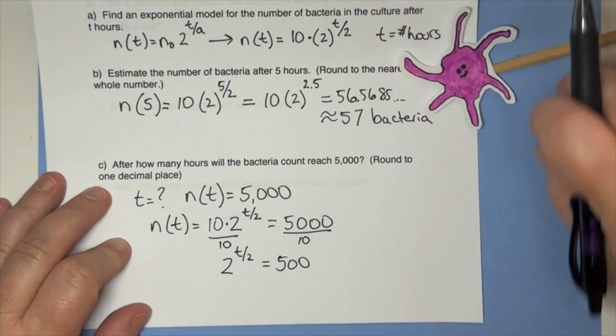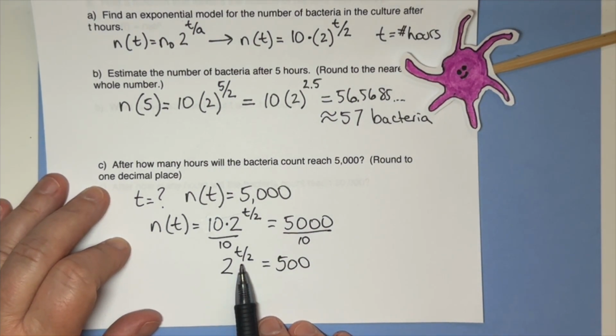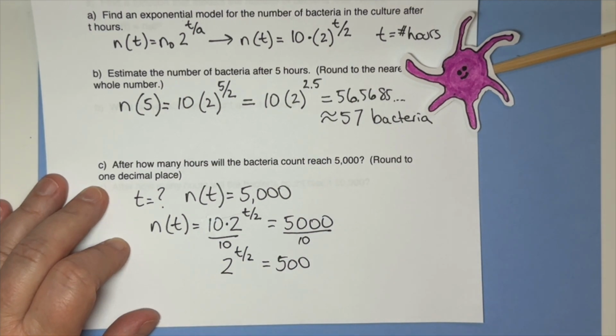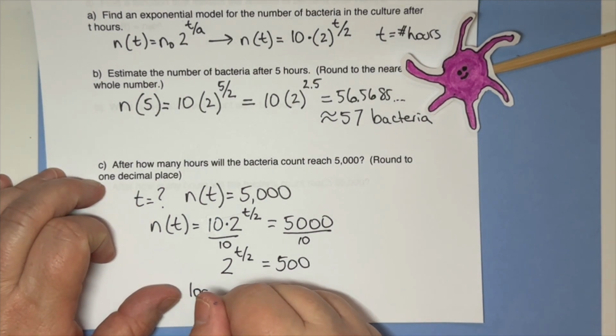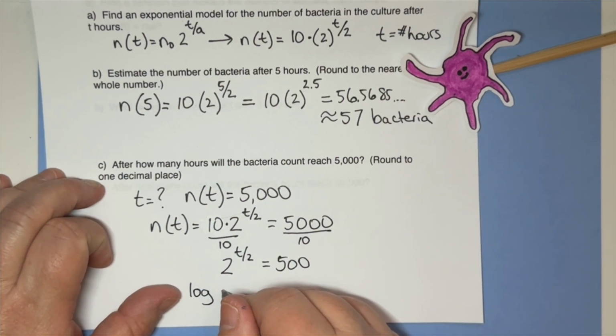How do we solve this? The best way is to take a logarithm of both sides. You can choose common log or natural log. I'm going to use common log right now because we don't get a chance to use it all that often.